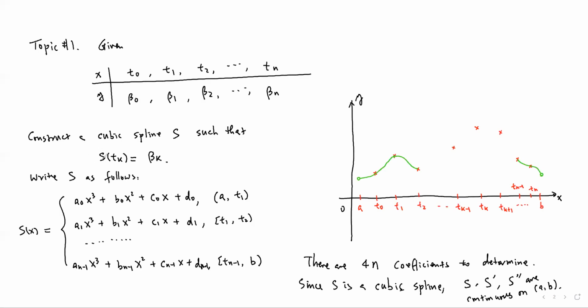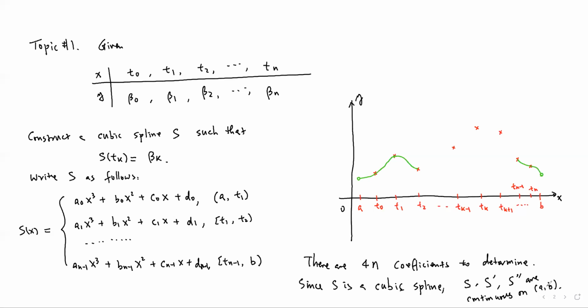We want the cubic spline to interpolate this table, or pass through the points in this table. Therefore, from this condition, I can have some equations.